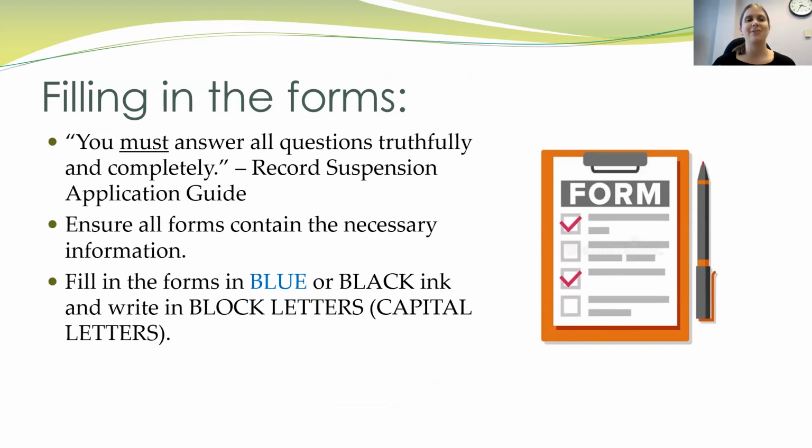You'll also see throughout the guide, when you're reading through each step, they say to make sure to answer all of the questions. Unfortunately, the Parole Board of Canada has to return many applications every year just because they're incomplete. So if there's ever a section you're unsure about, don't leave it blank. Just contact the Parole Board of Canada and find out what to do.